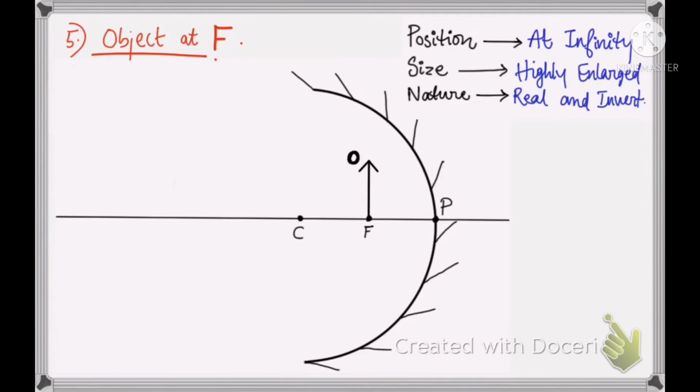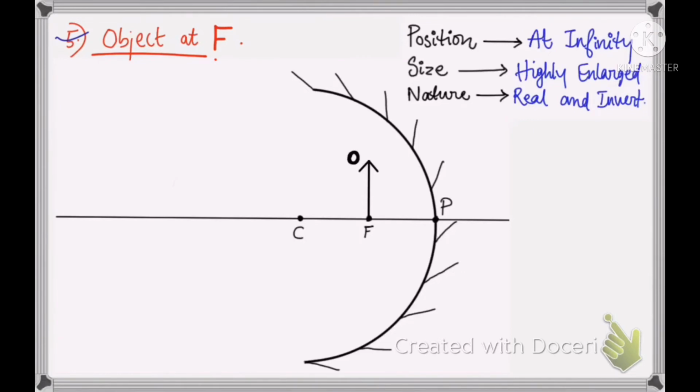Now let's move on to object at F. Now at the beginning we made object at infinity. We considered two parallel rays and the image was formed at F. And now we can predict that when we keep the object at F, the image will be formed at infinity. Is it possible?